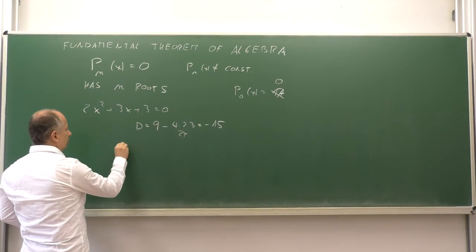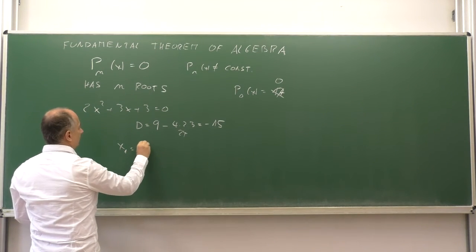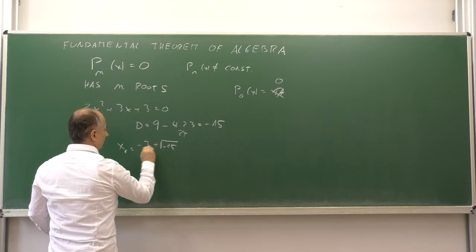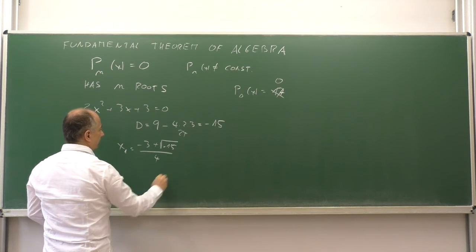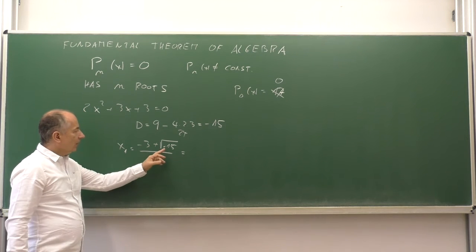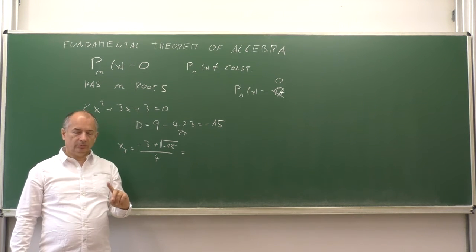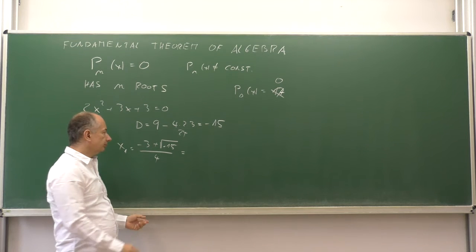So the first root will be minus b plus square root of minus 15 divided by 2a. But square root of minus 15 is no real number, it's a complex number.